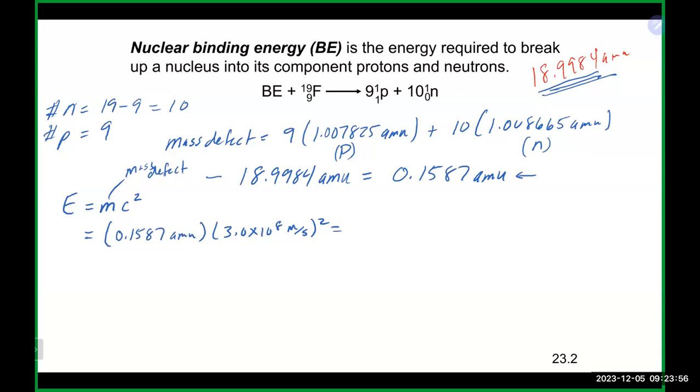And that's going to give me about 1.428 times 10 to the 16. My units here are AMU meters squared per second squared, right?